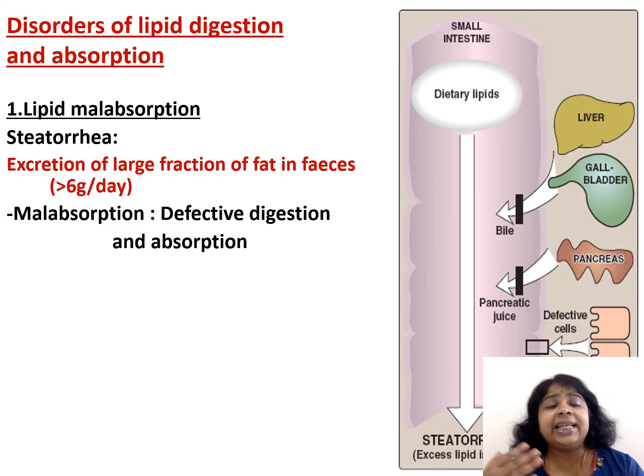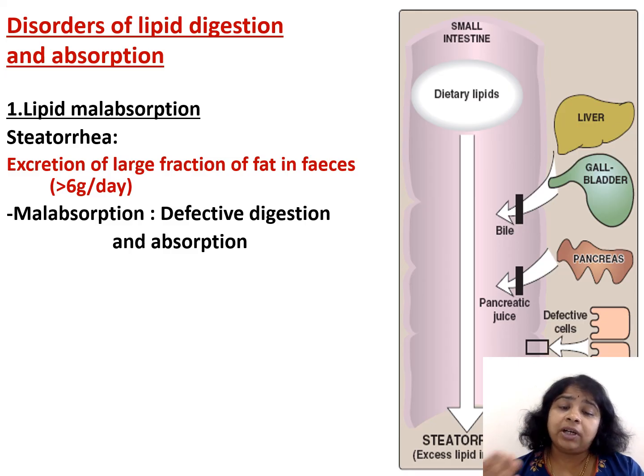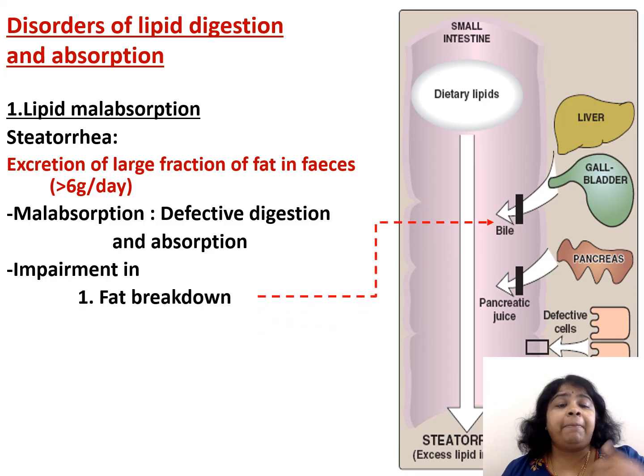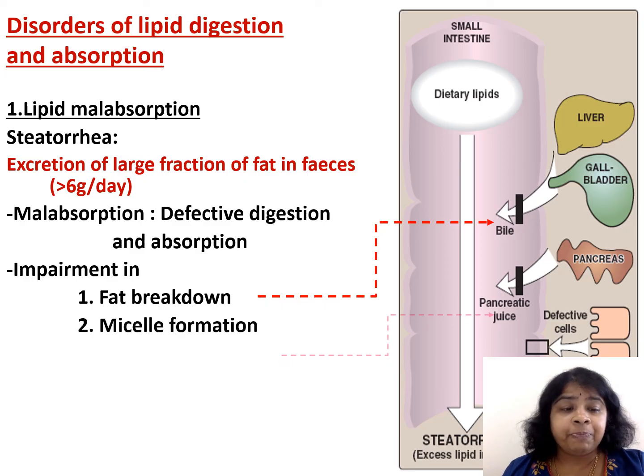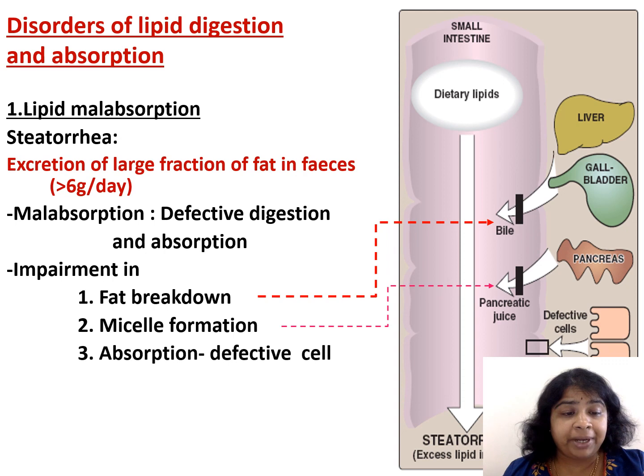So either there is a defect in digestion or there is a defect in absorption. So there could be an impairment in breakdown of fat. That is, the pancreatic juice and the bile juice is not reaching the intestine. Or there is a defective micelle formation.